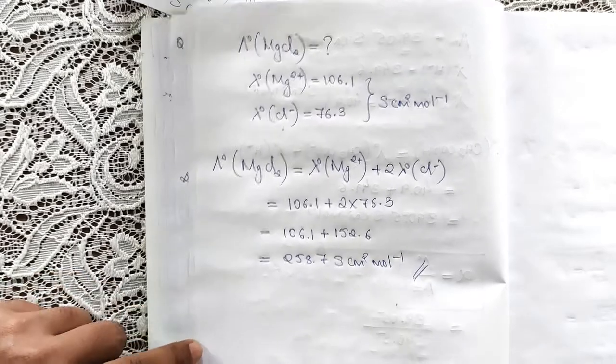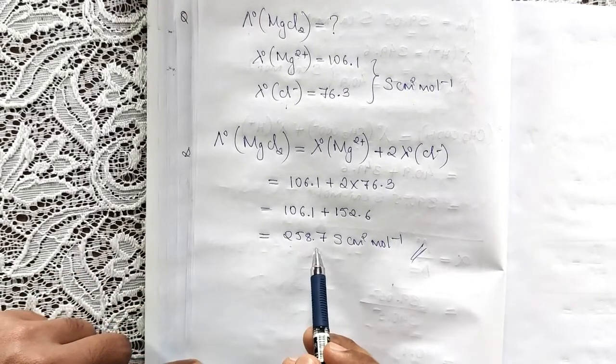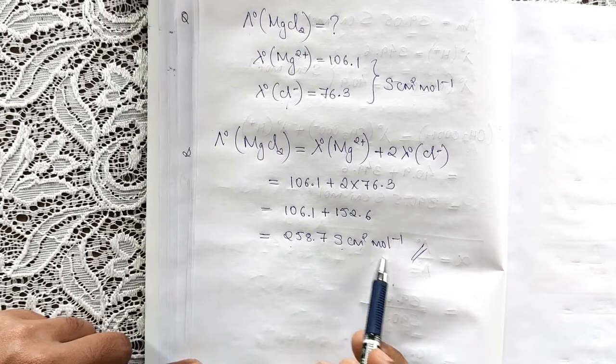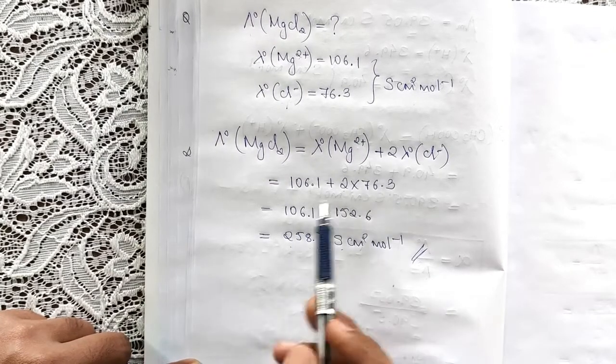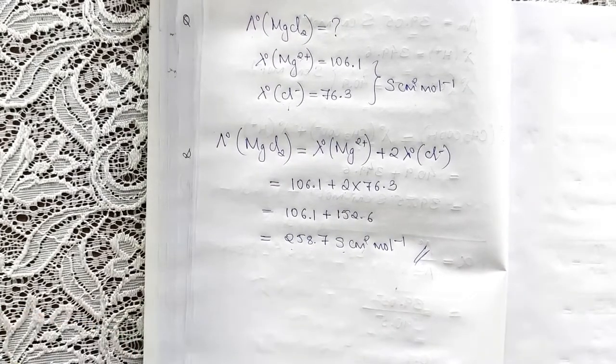So here is your answer, 258.7 Siemens centimeter square per mole. You multiply with 2 and then add them together, you'll get the answer.